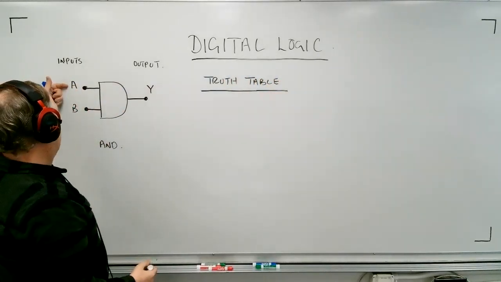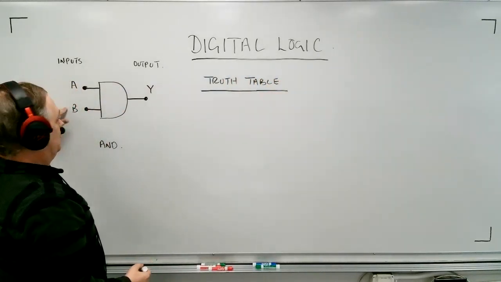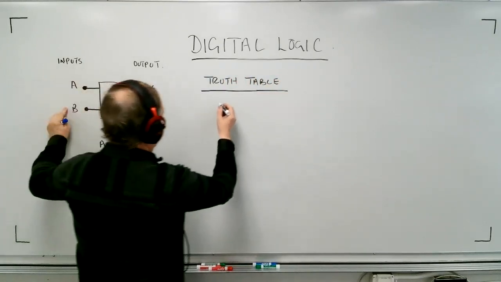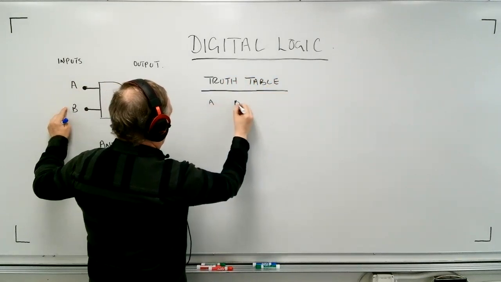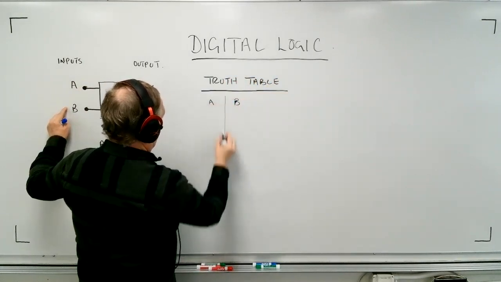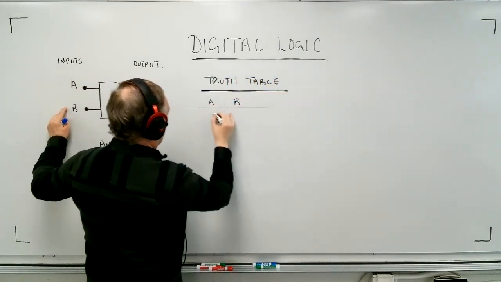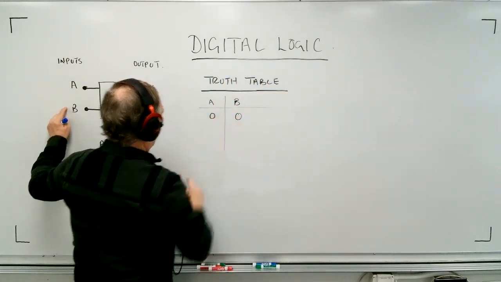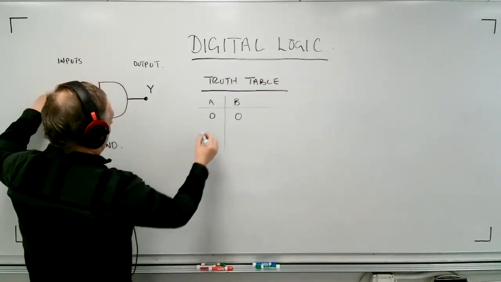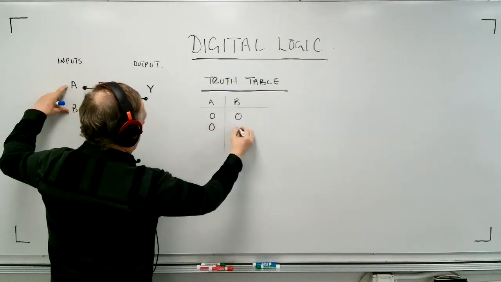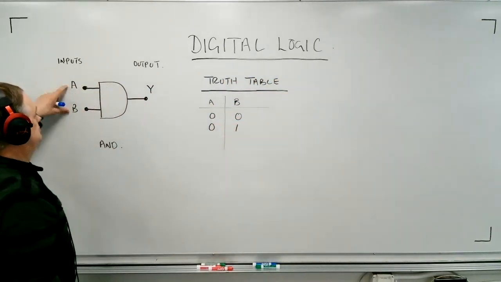Well, I could have it where A and B are both 0. So I'm going to write that down, A and B in a table, okay? I could have 0 and 0. I could have it where A is 0 and B is a 1.